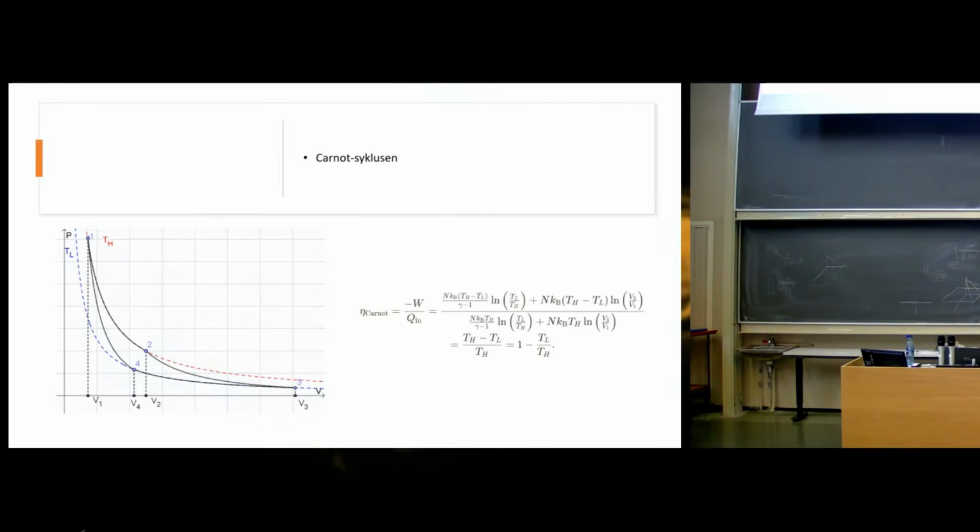Then an isothermal compression to 4. And then an adiabatic compression to 1. If you take all the equations that we derived and put them into this formula to calculate the efficiency of the Carnot engine, you get the theoretical limit proposed by the second law of thermodynamics.